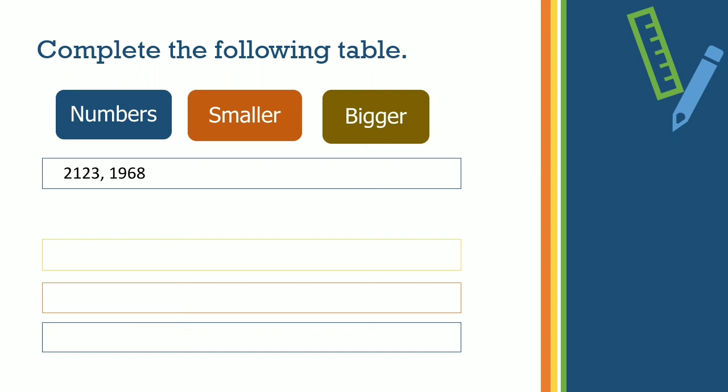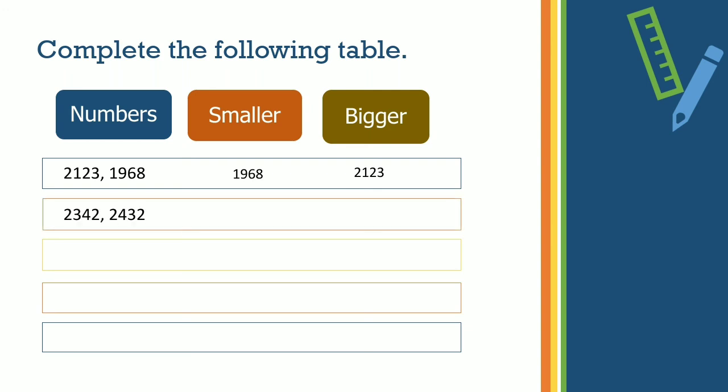Which number is smaller? Compare the thousands place of both numbers. In the first number the thousands place is 2 and in the next number the thousands place is 1. So 1968 is smaller, we write it in the smaller column, and 2123 is bigger, so we write it in the bigger column.